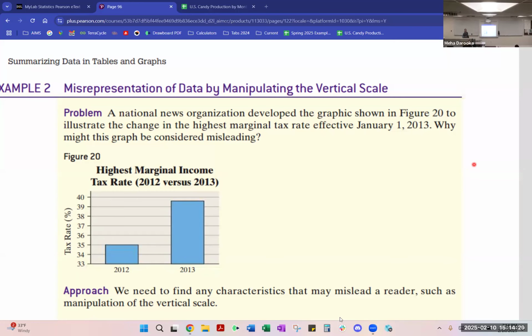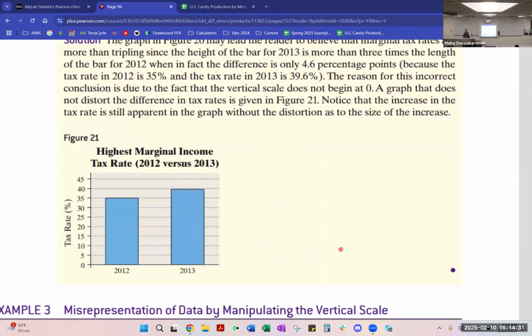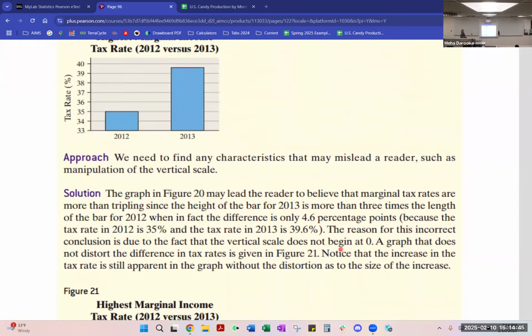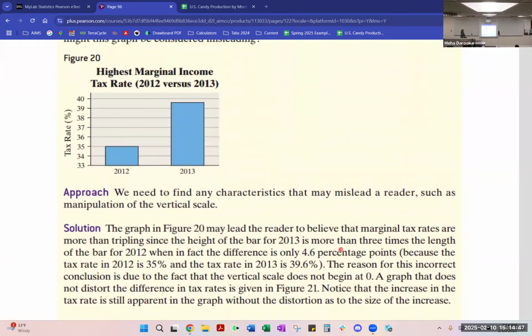Because if we were to put this graph from 0, look how much closer those bars look now. Because again, you're literally going from 35 to 39 and a half. That's a difference of 4.5 points. But because they changed the scale and started it at 33, it looks like, oh my God, that's such a big gap.